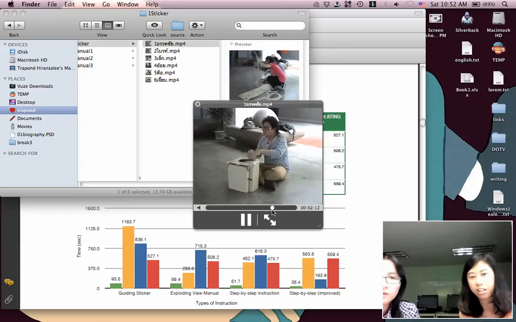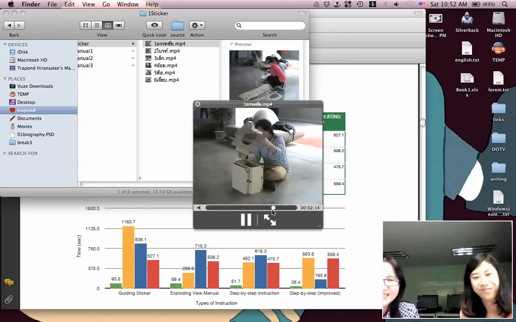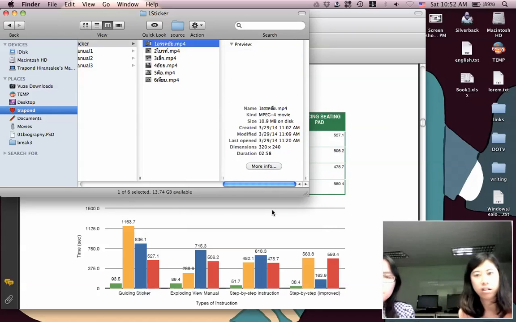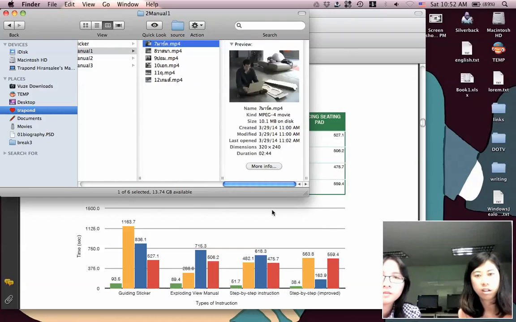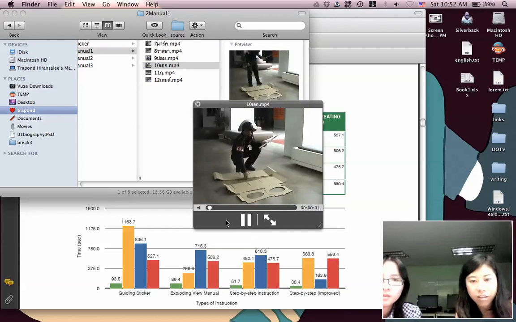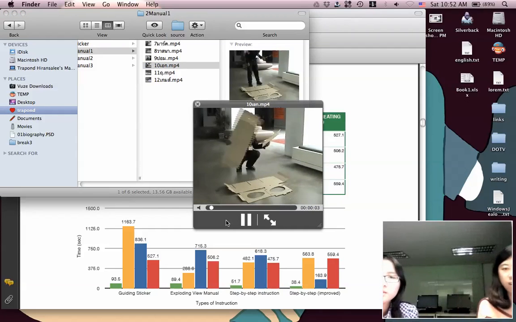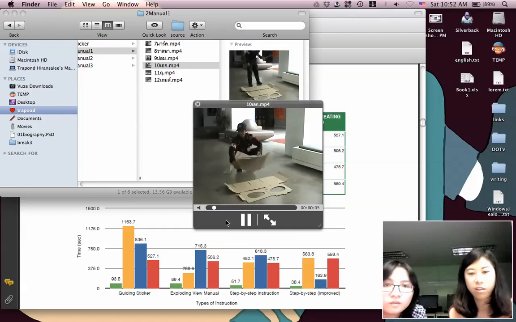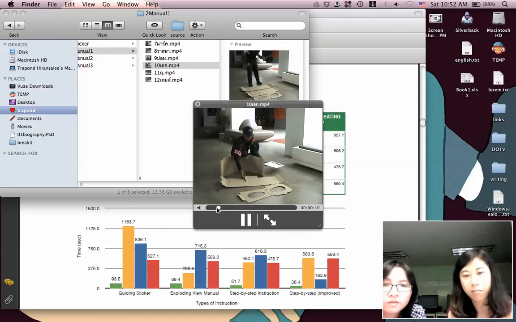Okay, so Akashai finished assembling. Also, there's a user named A, and he also assembled, but this guy did not complete the assembling.